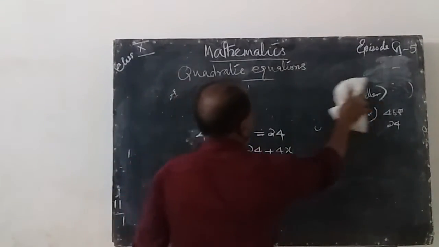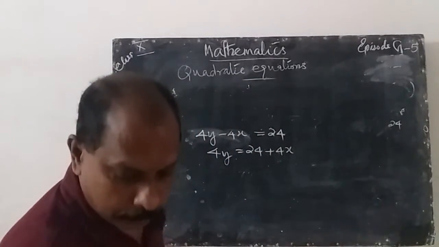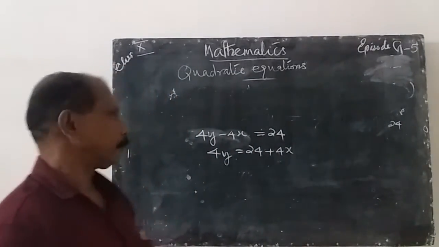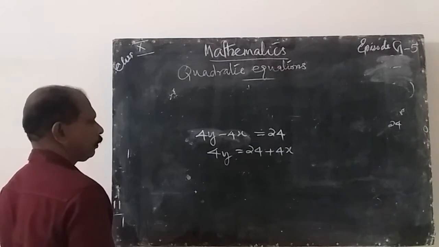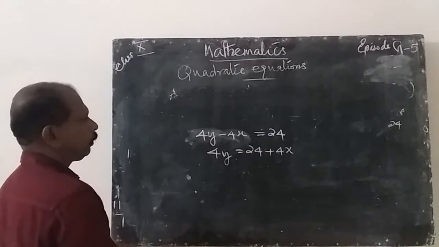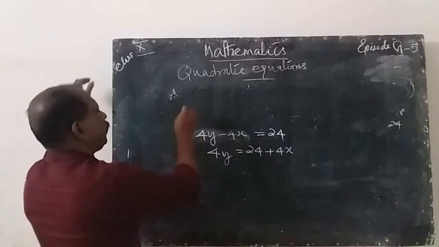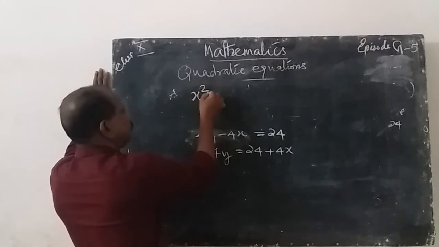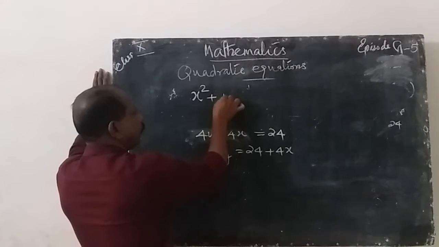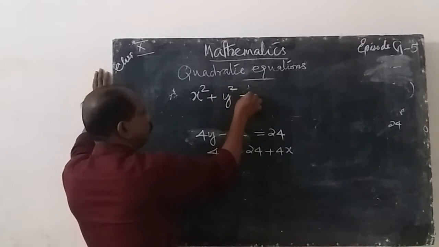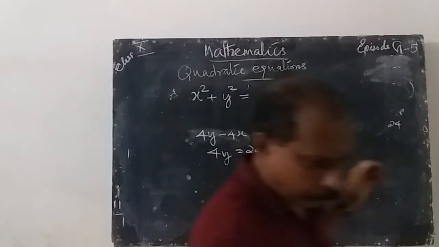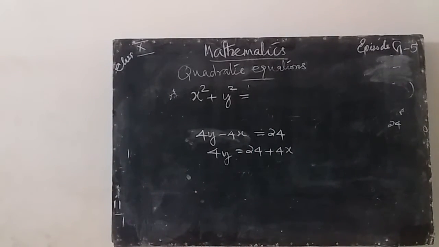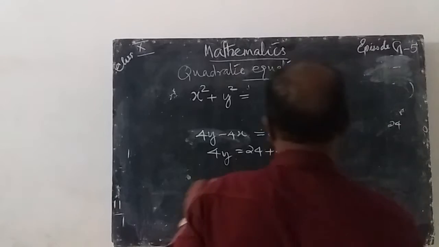Then the sum of the squares, that is x square plus y square is equal to 468.